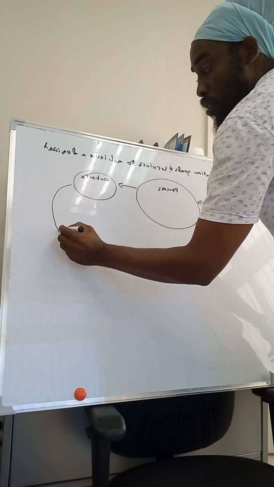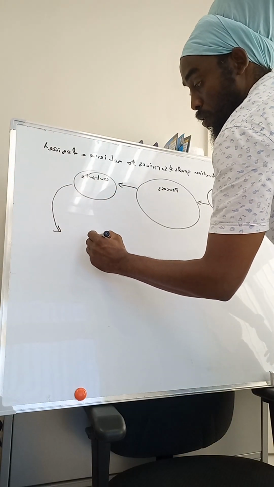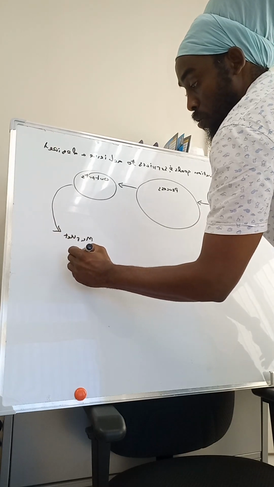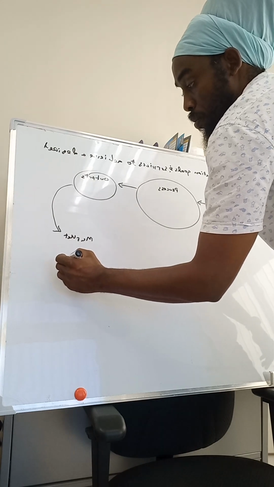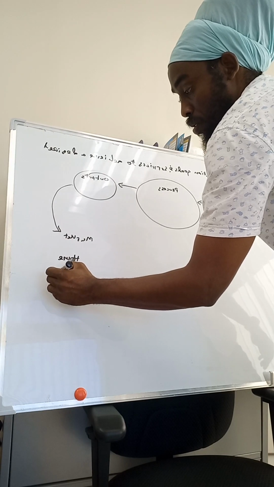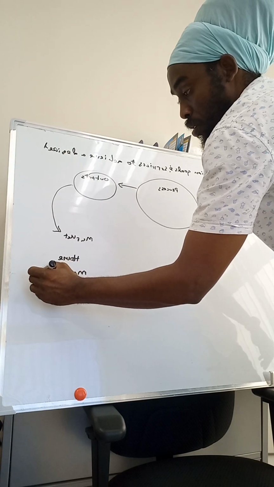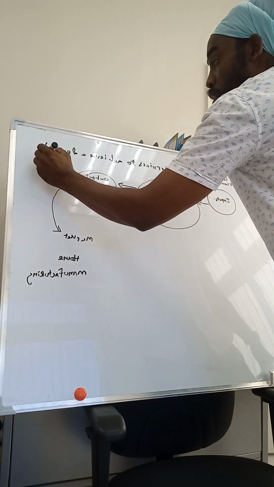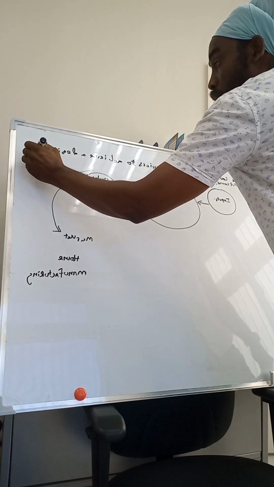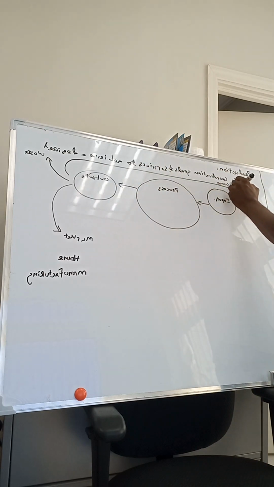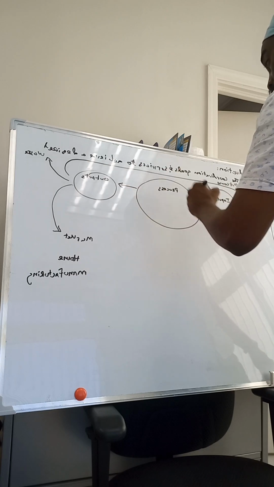The outputs can go to the market, can go to the home, can go to manufacturing, and some outputs may be waste, and some outputs may find their way back into the inputs.